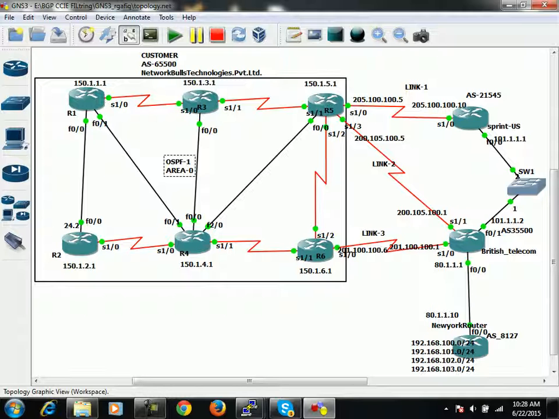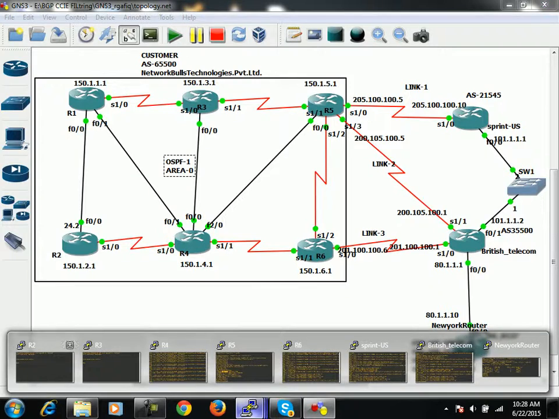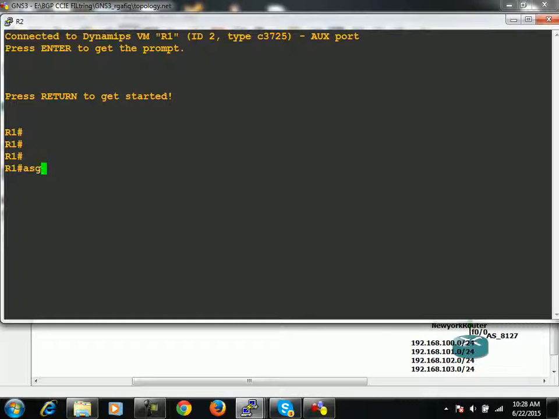I will also let you know how BGP is configured in this topology, but try to memorize that on all these 6 devices we have configured OSPF so that all devices are learning each other's loopback addresses, loopback networks. As you can also confirm here on R1, show ip route.